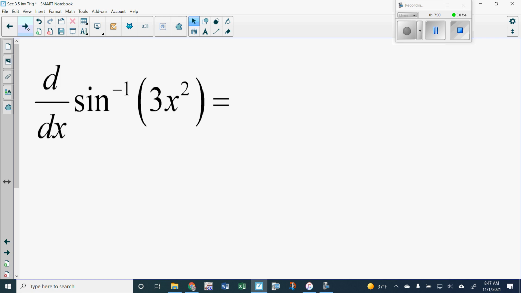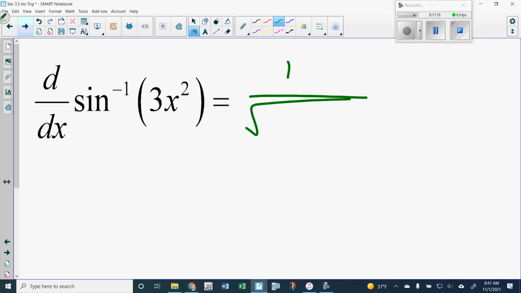Let's do an example. What would be the derivative of inverse sine of 3x squared? So first off, what's the derivative of inverse sine? 1 over the square root of 1 minus x squared. But the x squared is the 3x squared, because the inside stays the same by chain rule.